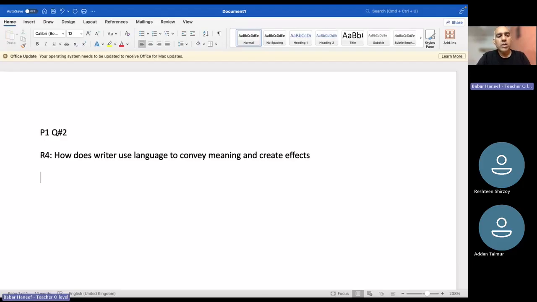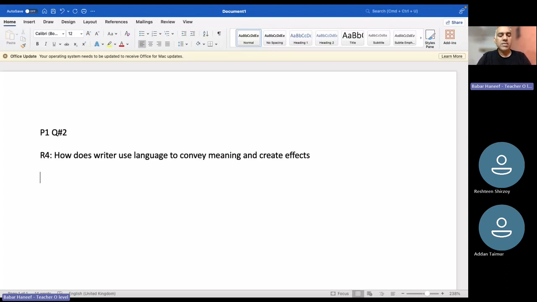As a student, you're supposed to understand what could be the intention of the writer in having selected these words in his narrative or in his story or in this extract to convey a particular kind of message, an implied meaning. That is what you need to decode.